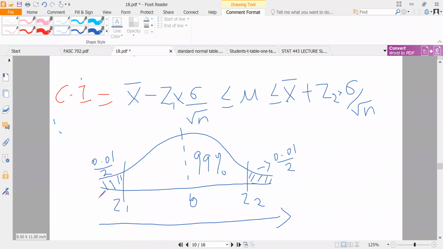So we are accumulating the probabilities up to a point Z1. We are interested in that point Z1 that has probabilities that have accumulated up to 0.01 divided by 2, which is 0.005.